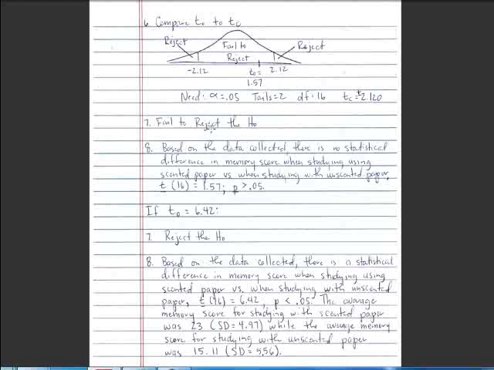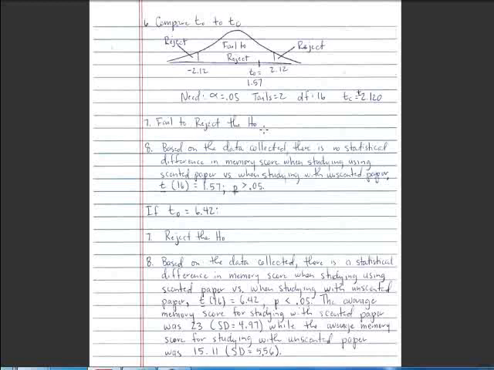And so our decision here is to compare T observed to T critical, and notice that our T observed is between the two critical values, between minus 2.12 and 2.12, so it's approximately right here. And so when it's in this area, we fail to reject.